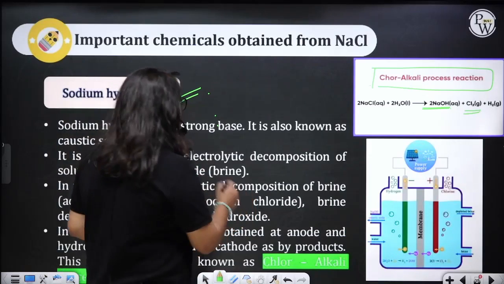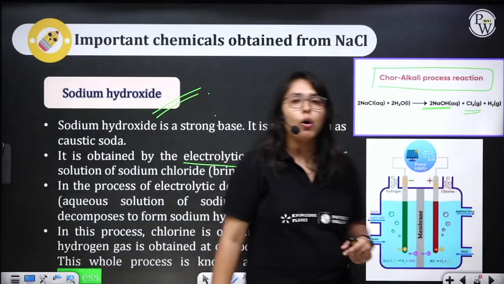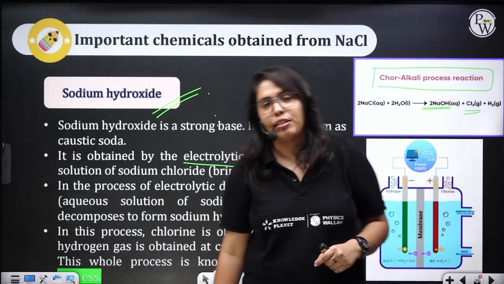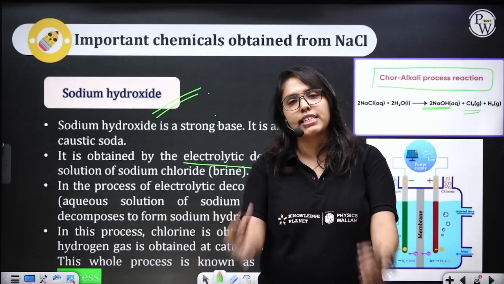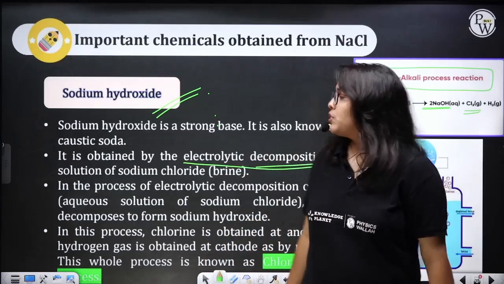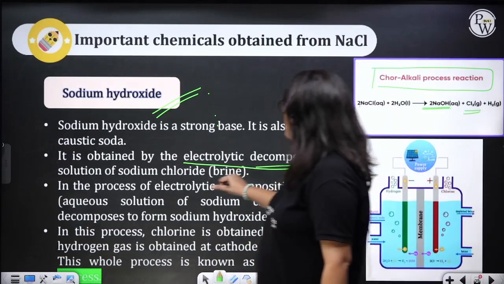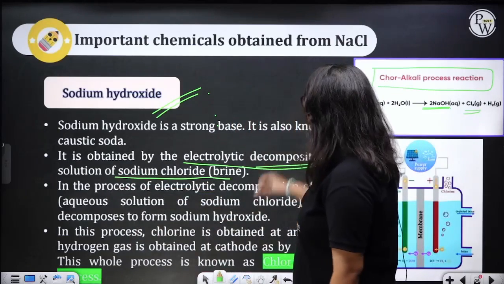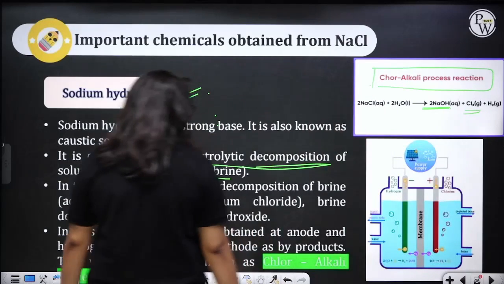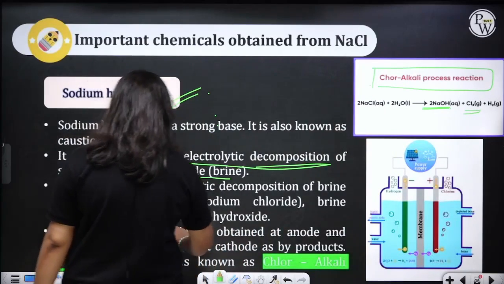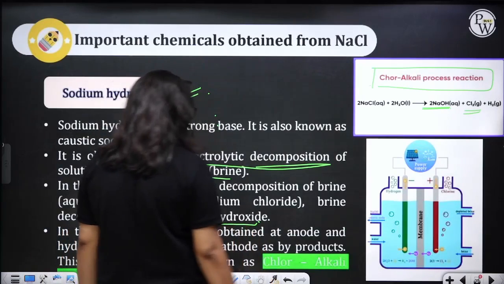and we subject it to electrolytic decomposition. We already know decomposition reaction. That is, the given substance breaks down to give rise to its constituents. So here this sodium chloride, which is also known as brine solution, is subjected to electrolytic decomposition, and as a result what we get is sodium hydroxide and chlorine gas.